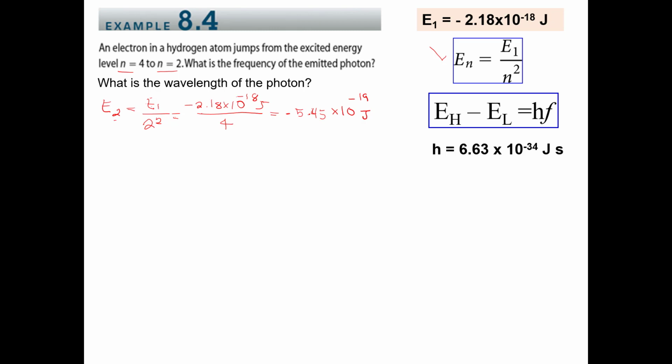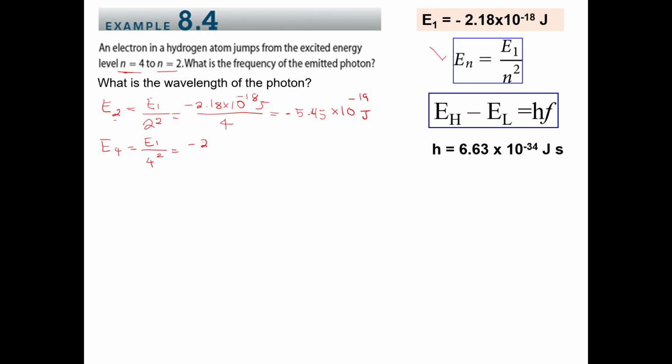And we will do the same to calculate the energy for the 4 energy level. We use the same equation, we divide this energy by 4 to the second, because it's for the 4 level.